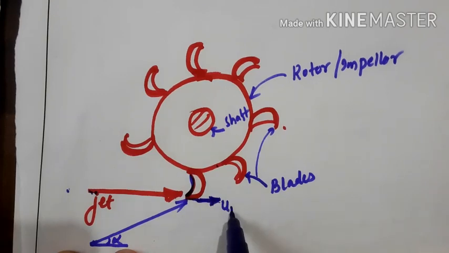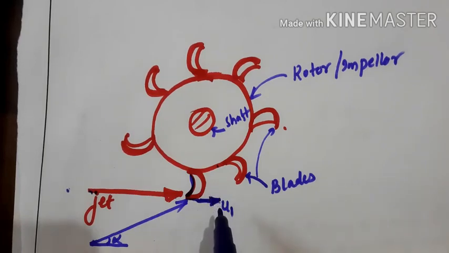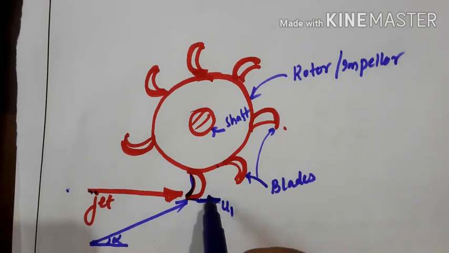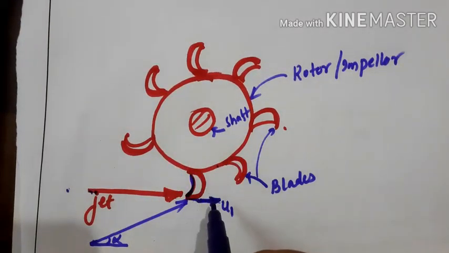This is given, that is U1. Actually it is not having a linear motion, but for a small amount of time during which the fluid jet strikes on it, it will be having a linear motion. Then it takes the rotary motion. Okay, I hope you understood this one.